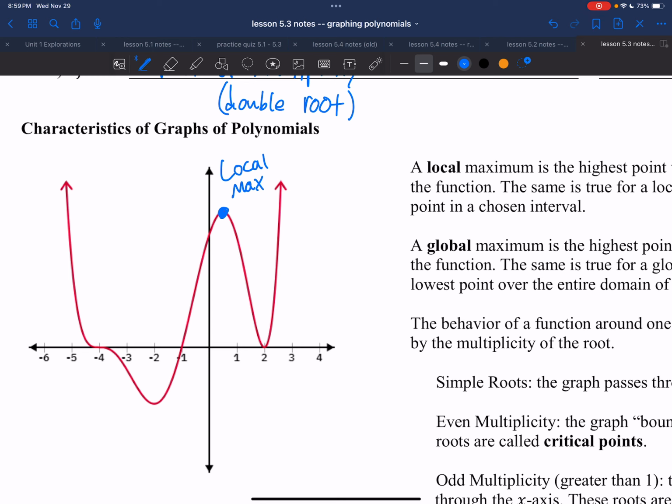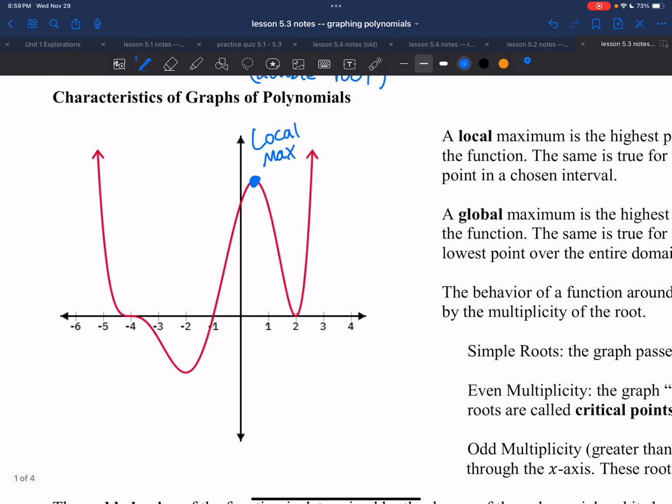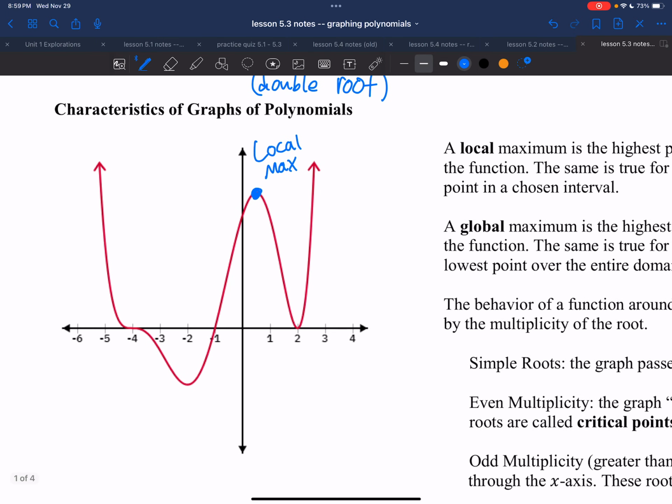It's not the highest point on the graph because these arrows imply it keeps going up. In fact, if it keeps on going up, both on the left and the right, there's not going to be a highest point. There's actually no global maximum, because it just keeps on going. But we do have a local max, and that's important. You kind of see the difference there.